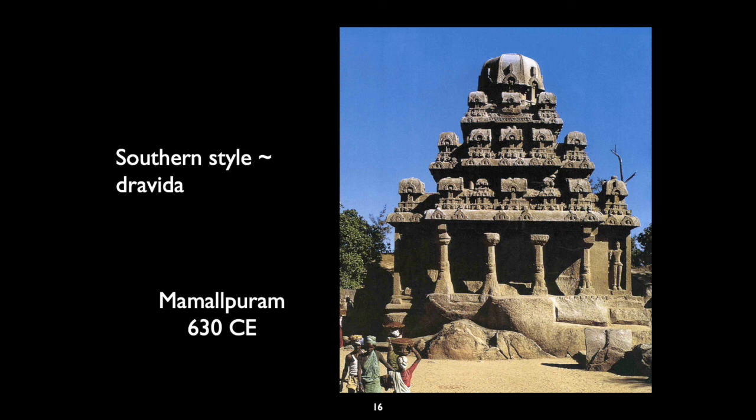Now this is a very unique temple in that it is carved from a single giant boulder that was along the coast. It's one of the oldest temples we have in this style, and what's so remarkable about this carving is the way it reveals a sort of wooden architecture.